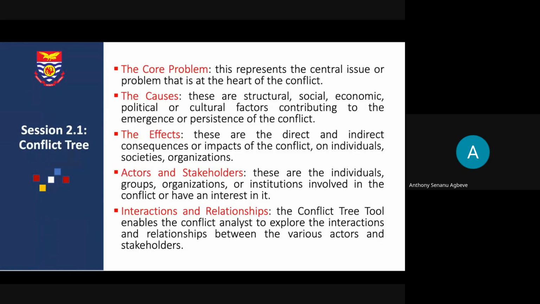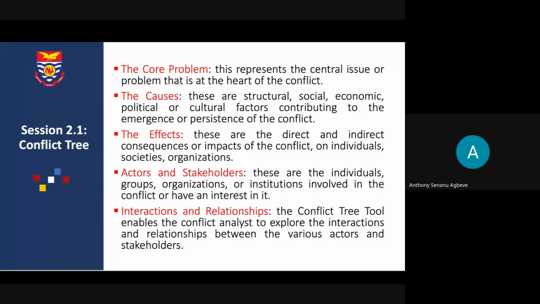Then you can look at what both parties are saying. Party A says they want this, party B says they want this. What can we do so that we bring both parties together so that there's some level of consensus, so that we can agree on one thing? And then also we need to look at the stakeholders who are involved in the conflict.